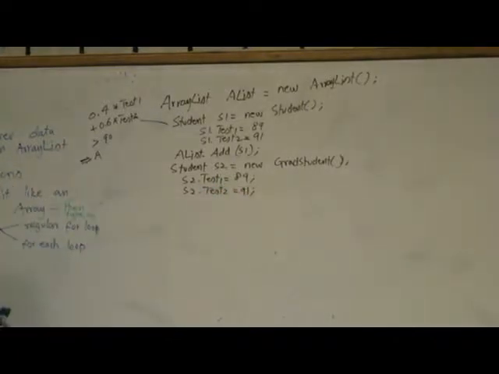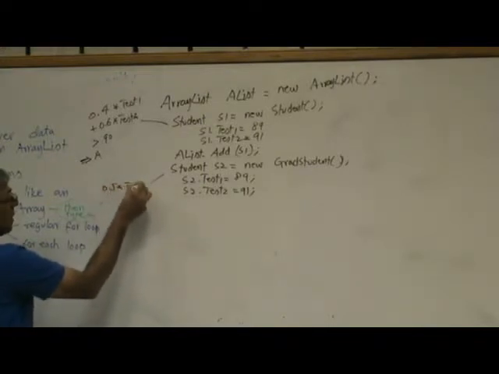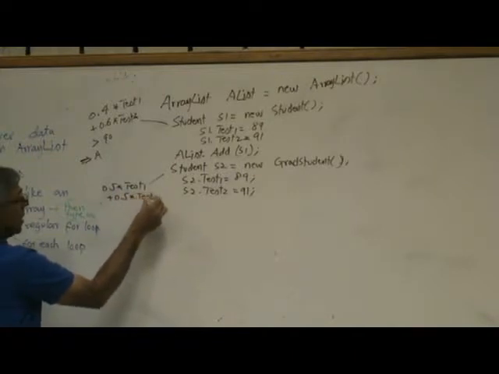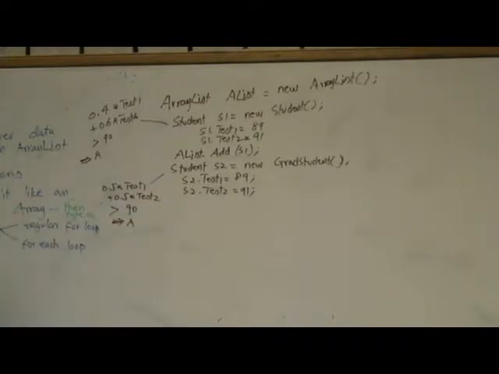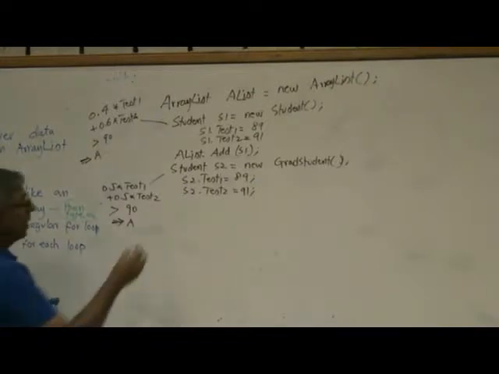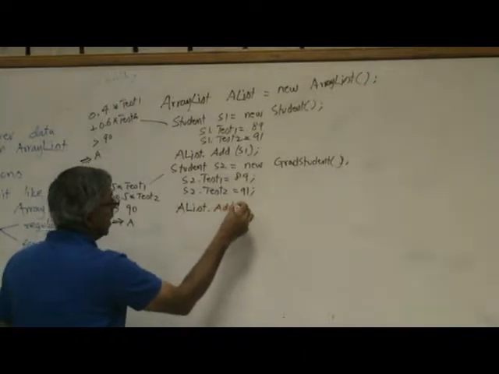Okay, and let's pretend for the grad student it's 0.5 times test1 plus 0.5 times test2. And if this weighted average is greater than 90, then the student will get an A grade. Otherwise A minus. Okay, and so on. So now let's do a list dot add S2.